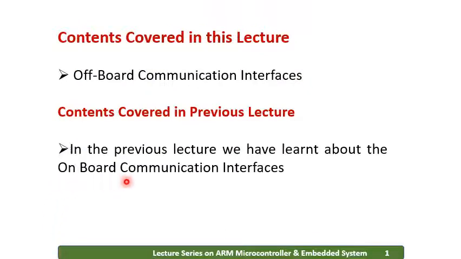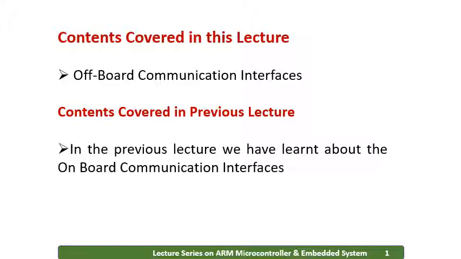We have learned about the onboard communication interfaces. For example, we have learned I2C, that is the inter-integrated circuit bus communication interface, and then we have seen SPI, that is serial peripheral interface, and also the parallel interface, one wire protocol, and so on.